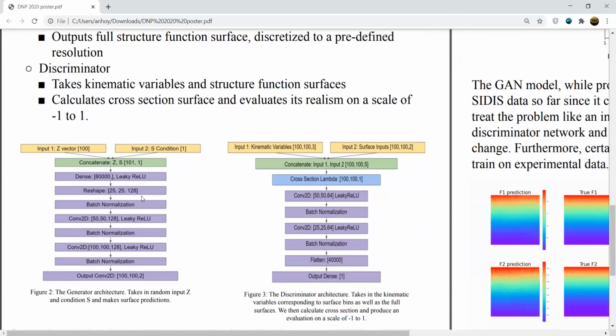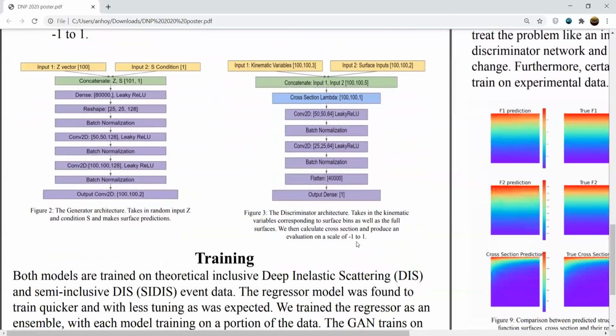And it takes those and produces the entire structure function surface relative to those kinematic variable ranges. The discriminator takes in the generator output and evaluates it on a scale of -1 to 1 on how realistic it thinks it is. The idea is that the discriminator output can be used to inform how the generator output can get better.